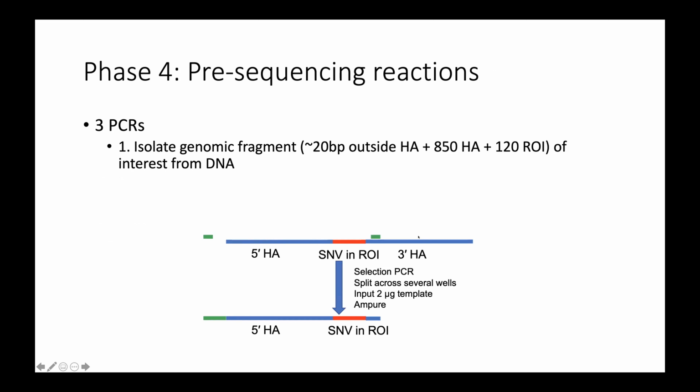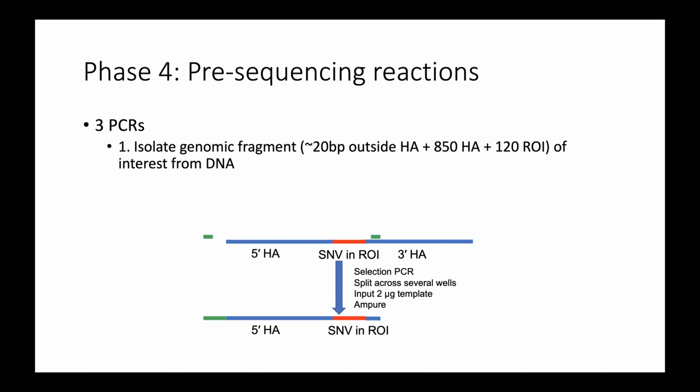But this scheme of homology arm, SNV, homology arm is present not just in the genomic DNA that we extract, but it is also present in any residual plasmid library that may be present from our transfection. Now, therefore, the first PCR we do is a selection PCR, and the 2 primers are shown in green here. One primer is very close to the region of interest.